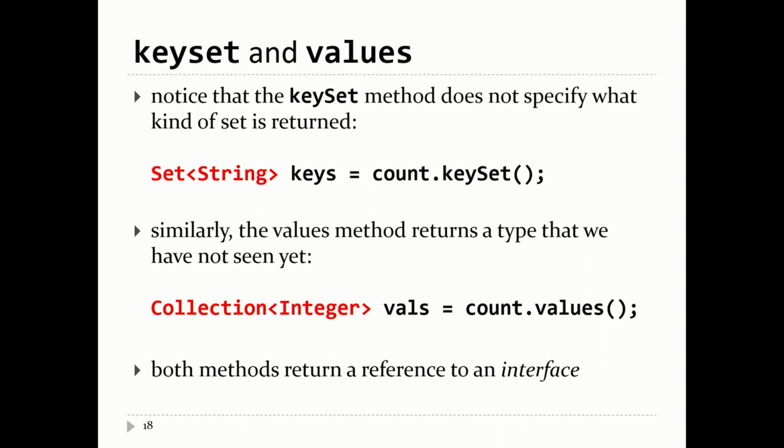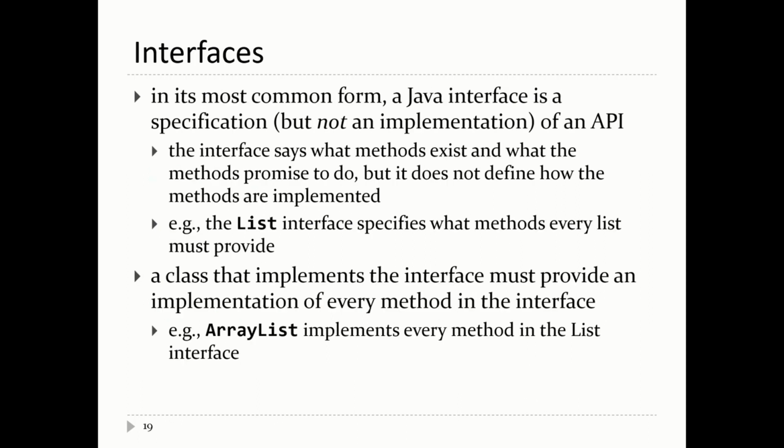Set and Collection are what are called interfaces in Java. So what's an interface? In its most common form, a Java interface is a specification, but not an implementation, of what's called an API, an application programming interface.